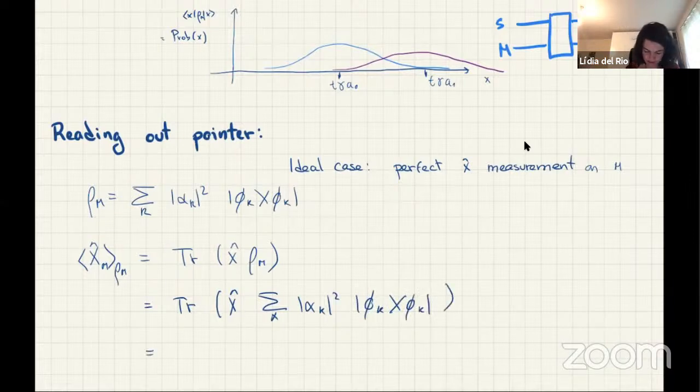Because the trace is linear, we can bring this sum over k to the outside, and we're just left with the trace of x.